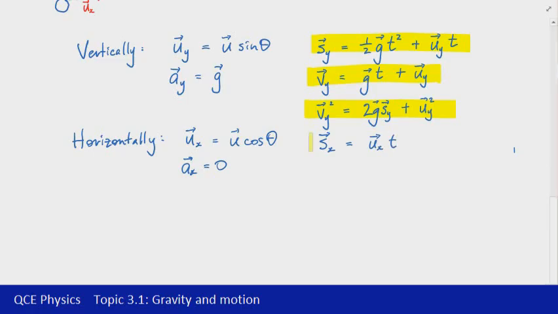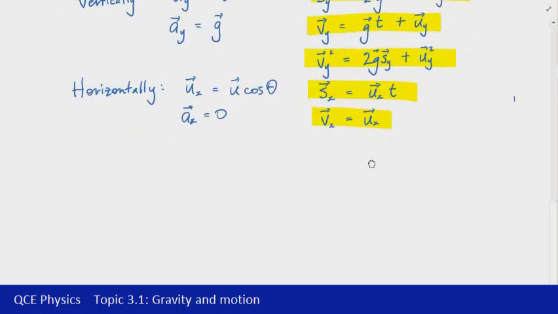So there's another one from the data booklet, and like I said, the last one's a little bit silly in just saying that Vx is equal to Ux, so not really an equation that's needed, but it is in the data booklet just to make you aware of that. So that shows that the horizontal velocity of the object doesn't change throughout its motion.